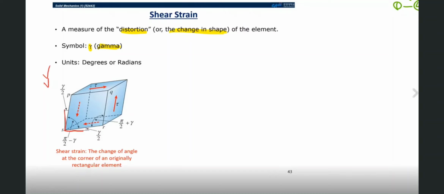So the change of angle at the corner of an originally rectangular element is defined as the shear strain. That is the original definition of the shear strain.